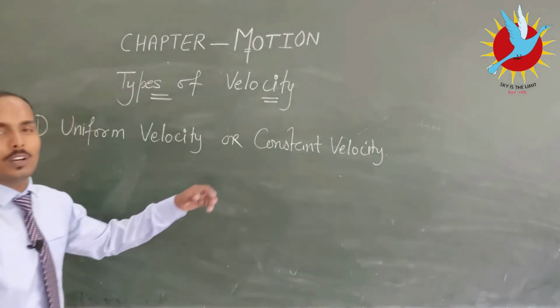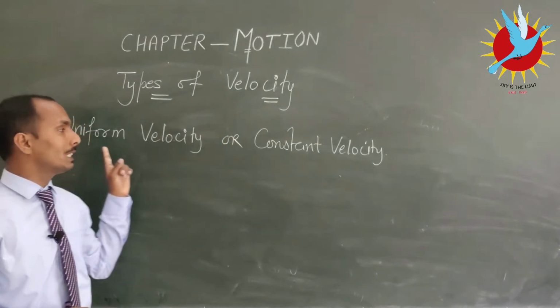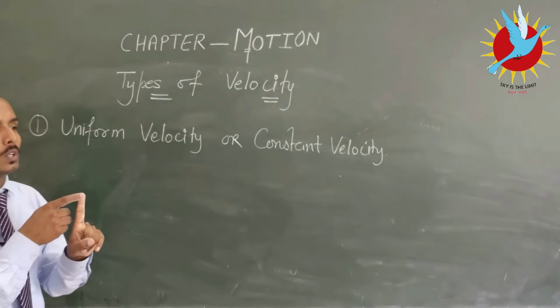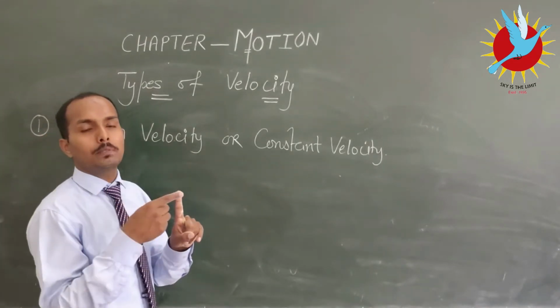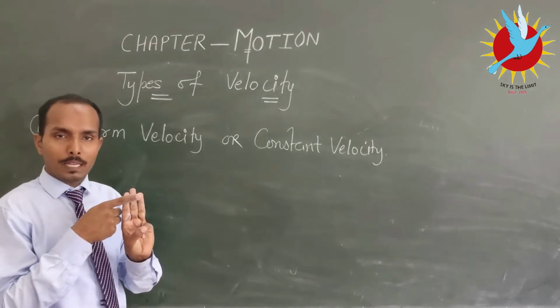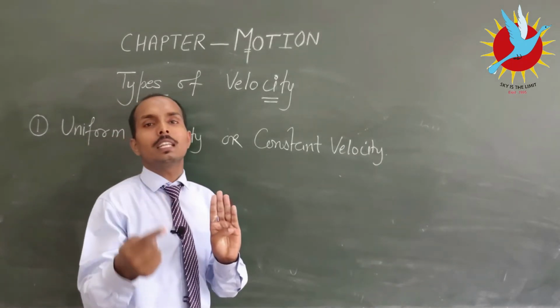It is similar to the types of speed. We studied the same types in the case of velocity, because we know that speed has four types: uniform speed, non-uniform speed, average speed, as well as the term instantaneous speed.